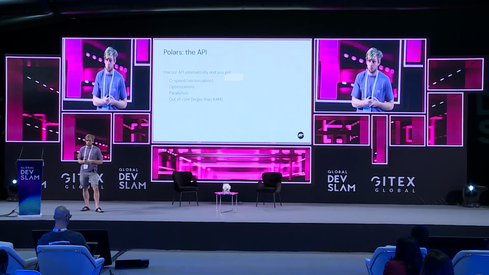You get parallelism. We do a lot of parallelism in Polars, and we do this effectively and implicitly for you. You don't have to think about it. You just write your queries idiomatically, and you will get out-of-core analysis. So you can process data sets that are larger than RAM.